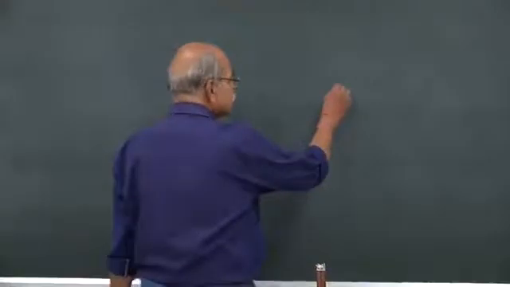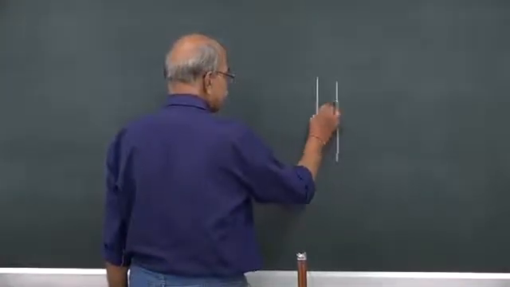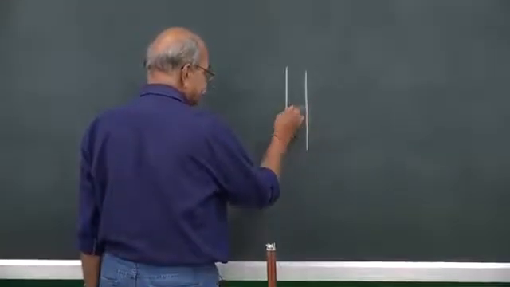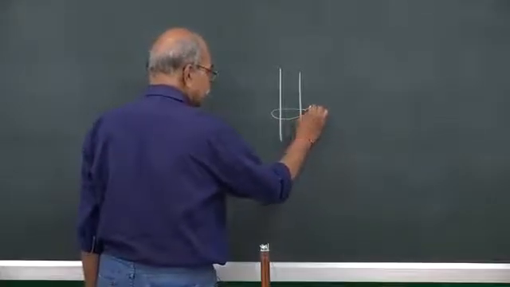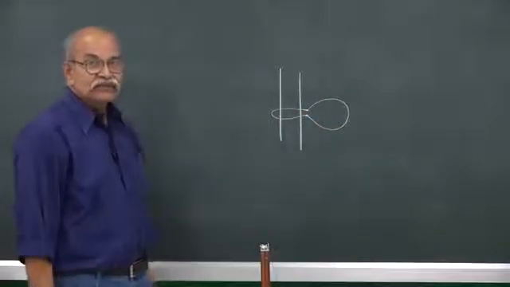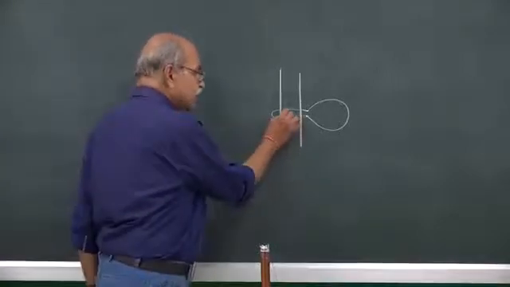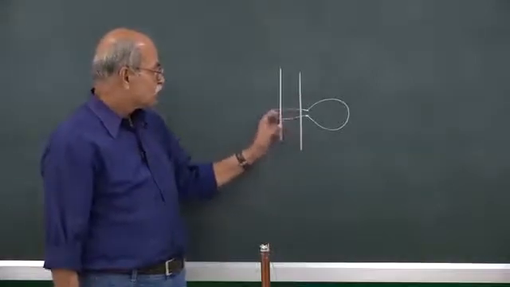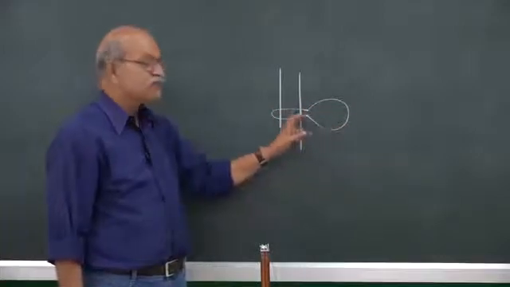If you have this solenoid here with current in it, and you have an open loop here, and then you connect this loop this way, what do you see? You see that the magnetic field is changing in this area, and therefore, if I take this as the whole closed loop area, then you have an EMF.